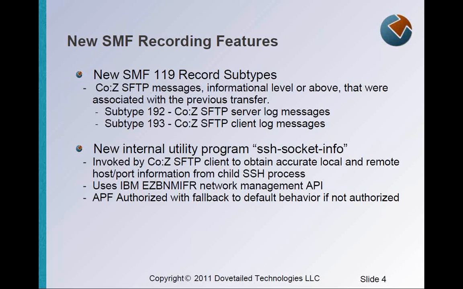We've been doing that for a long time with COSI, and those continue to stay as they were before. But with this new release, 2.0.0, we've introduced two new subtypes, subtype 192 and 193 of the SMF 119 record.